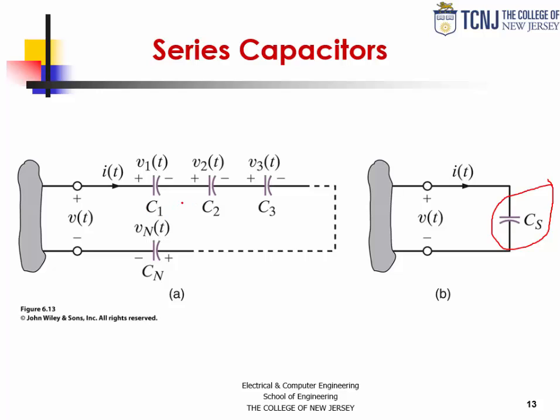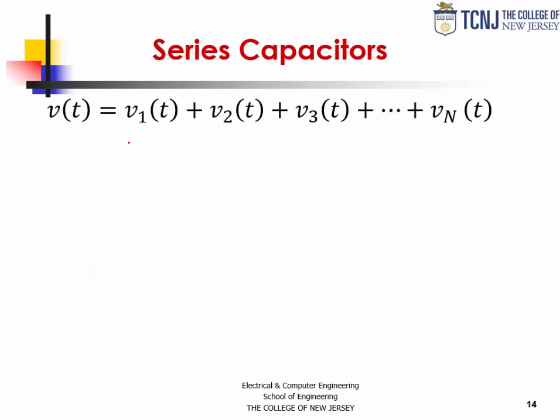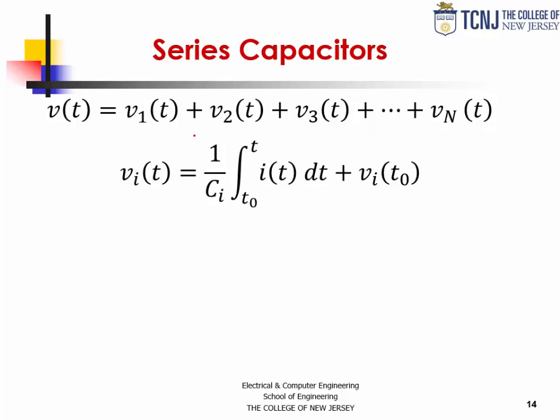If we have this situation where we have any number of capacitors connected in series, we can come up with an equivalent capacitance C sub S. If we use Kirchhoff's voltage law and write the sum of the voltages around those capacitors connected in series, each voltage is equal to 1 over that individual capacitance times the integral of the current plus any initial voltage that we had stored in the capacitor.